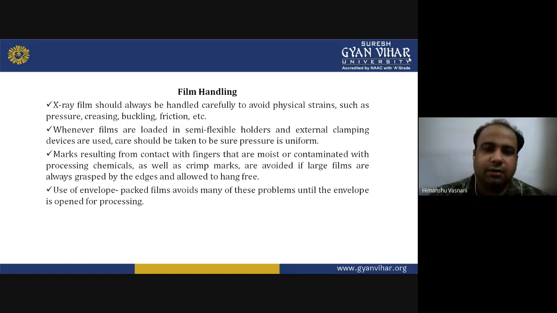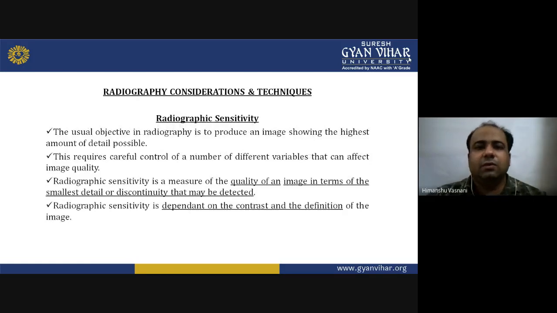Okay. Now radiographic considerations and techniques. These are small considerations, but we should also discuss them. Radiographic sensitivity. The usual objective in radiography is to produce an image showing the highest amount of detail possible.